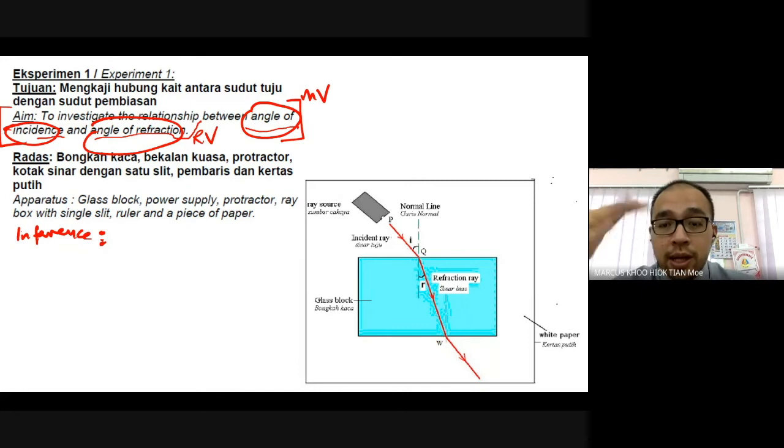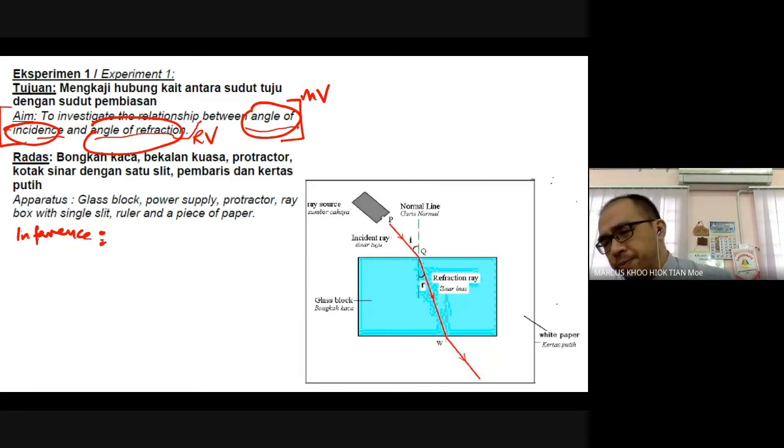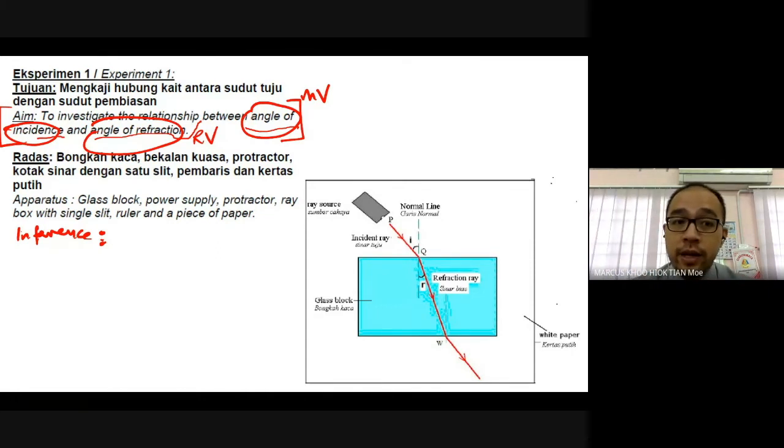When you read through the Langkah, you'll find that what we are changing is the angle of incidence. What we're changing is the manipulated variable, and what we're reading is the responding variable, the refraction angle.